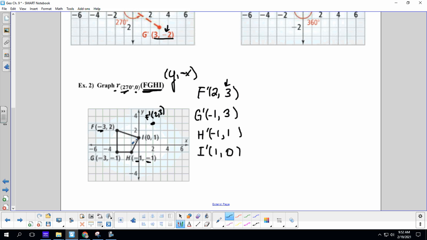G prime is -1 up 3. H prime is -1 up 1. And I prime is over 1 up 0.